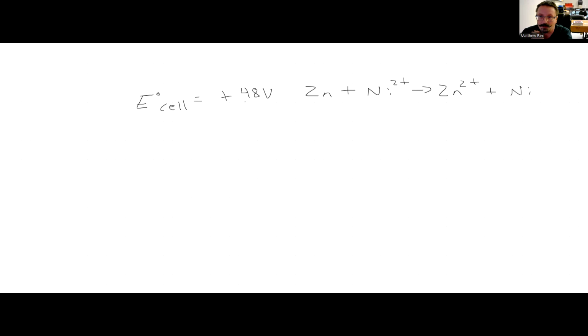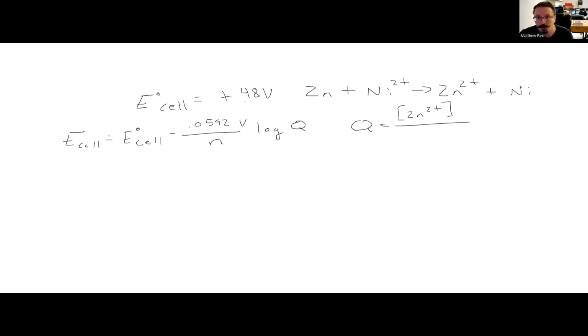So we're going to use the Nernst equation, E cell equals E cell standard minus 0.0592 over N times the log of Q. Q is going to be the zinc 2+ concentration, because that's our products over reactants, in this case the nickel 2+.